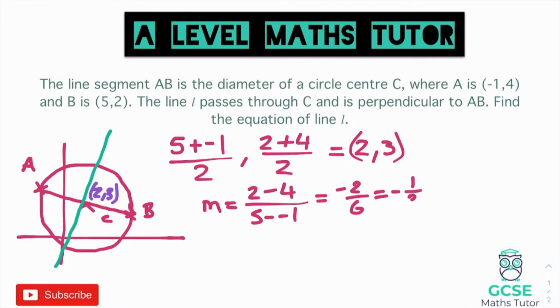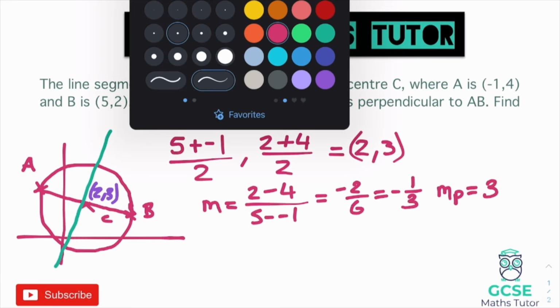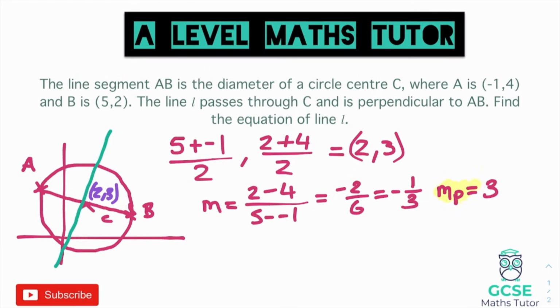So our gradient of AB is -1/3, which means our perpendicular gradient is the negative reciprocal, and that comes out as +3. That is the gradient of our perpendicular bisector.